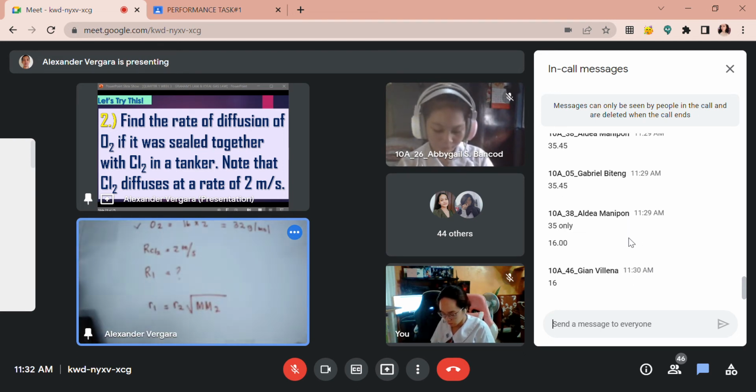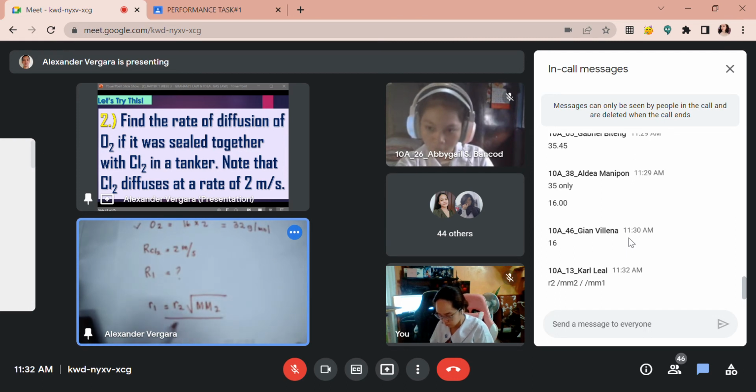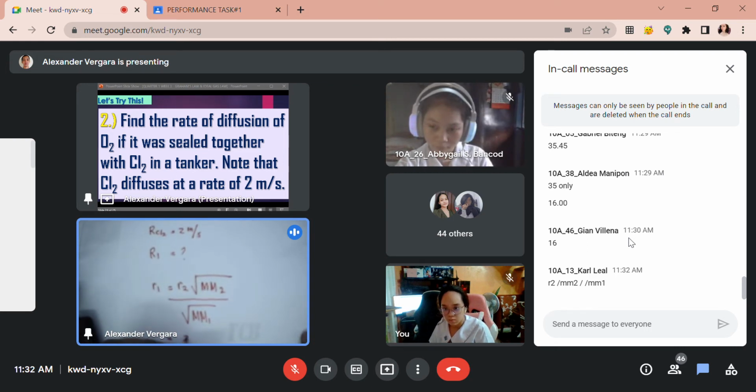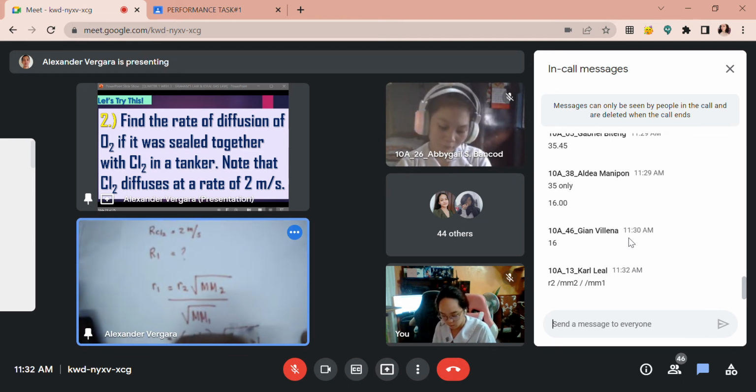Okay, let's substitute. So we have 2 meters per second multiplied by the square root of MM2, we have 70, correct, grams per mole, all over our MM1, we have 32 grams per mole. We have to square root this one, cancel. Then what will be our R1?